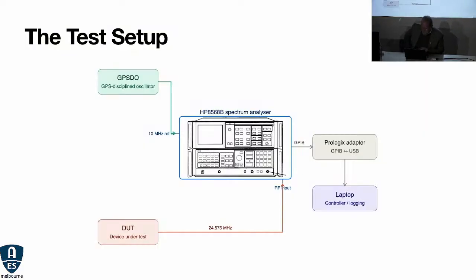So here's my little test setup. There's the gigantic 8566 there in the middle. In this setup, I have a GPS disciplined oscillator that I use for these kinds of measurements. It actually turns out to be not that helpful anymore.